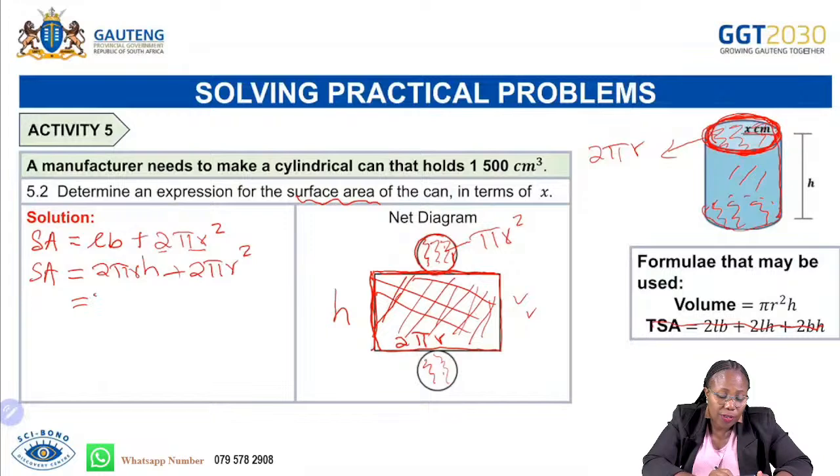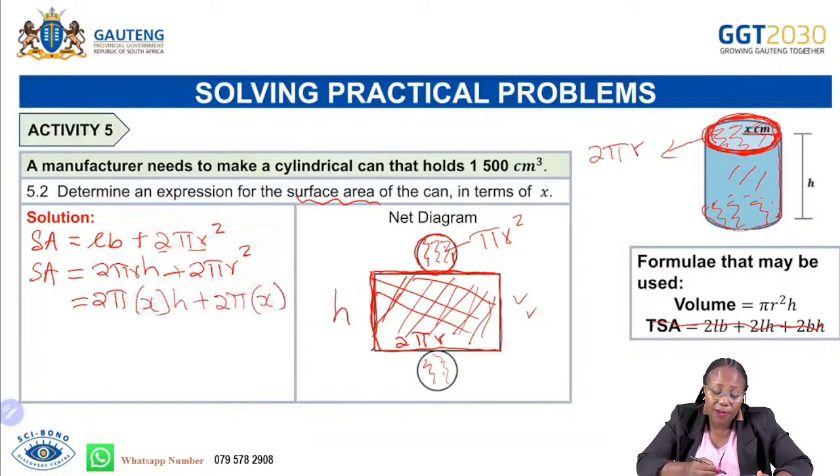So we are going to substitute 2 pi, the radius is x. And then the height of the container plus 2, and then the pi, and then with the radius x there. And then we have calculated previously that the height of this container will be 1,500.